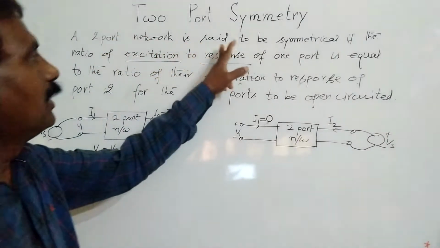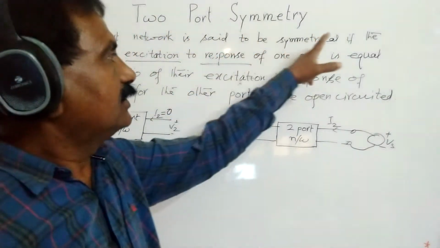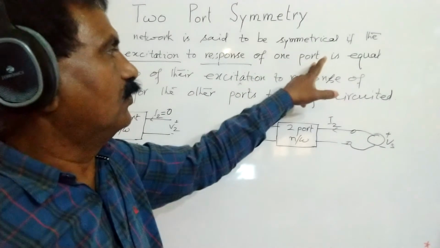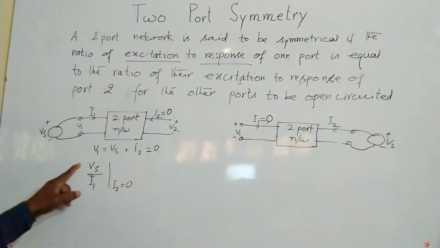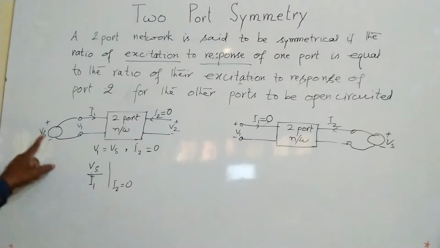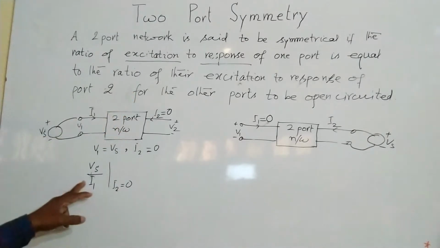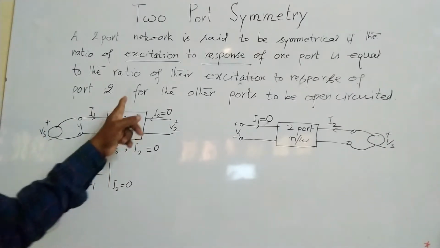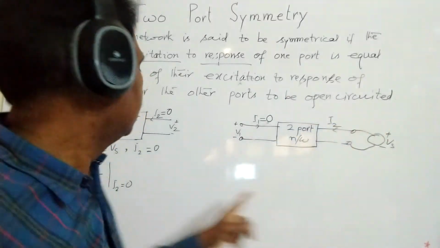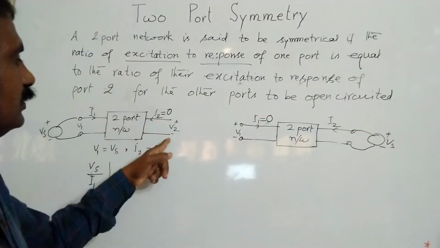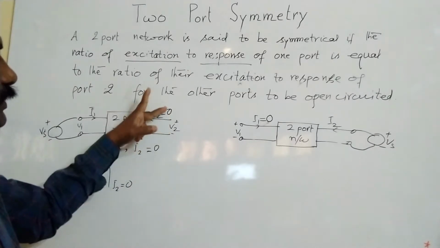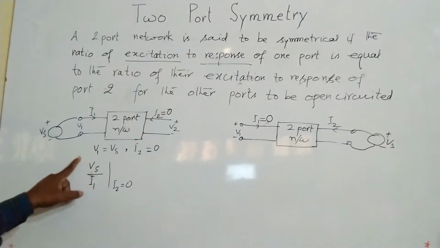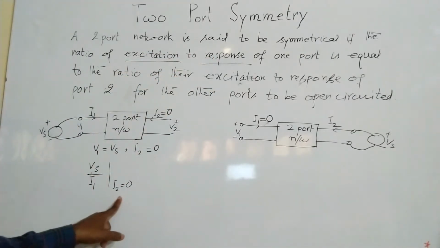What I have told is, a two-port network is said to be symmetrical if the ratio of excitation to response of one port, excitation Vs in this port and response I1, then the ratio Vs by I1, keeping the other port open circuited. We have made port 2 open circuited, it means I2 equal to 0. Then the ratio of excitation to response is Vs by I1, keeping I2 equal to 0.